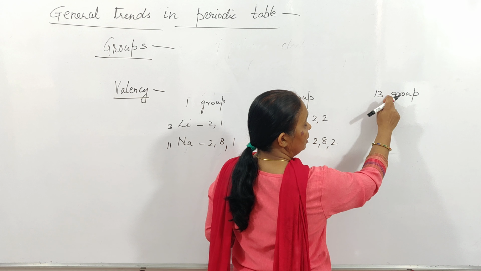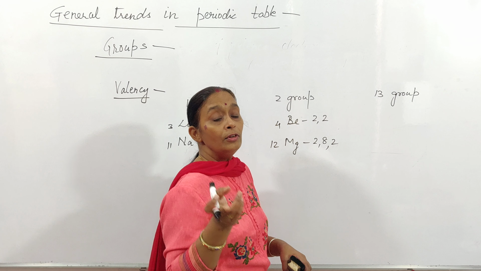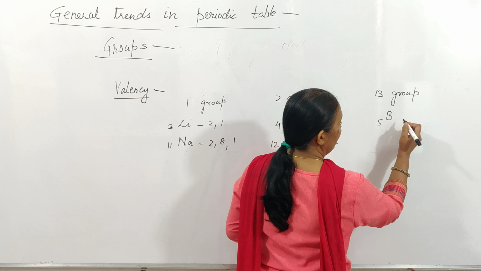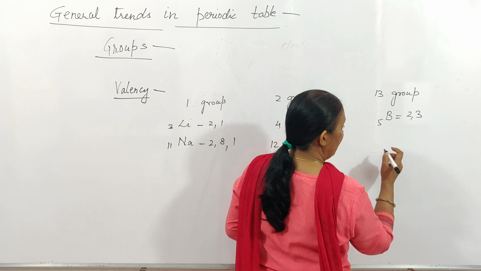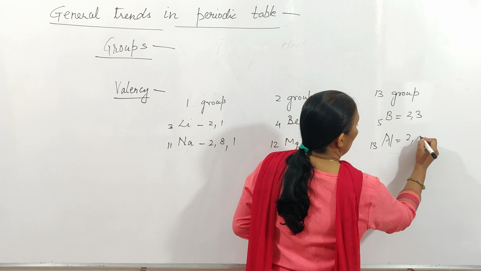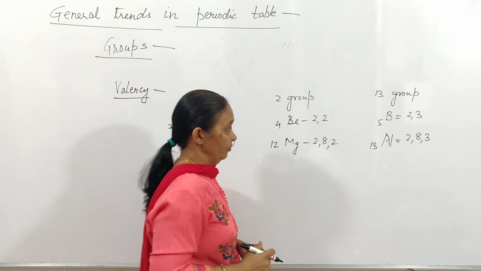Aluminium is in 13th group and 13th group elements have 3 electrons in the outermost shell. So first element is boron, atomic number 5, that is 2, 3 electronic configuration, and aluminium having atomic number 13, 2, 8, 3 electronic configuration.